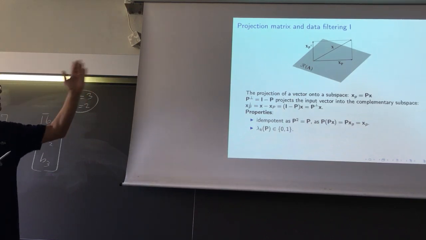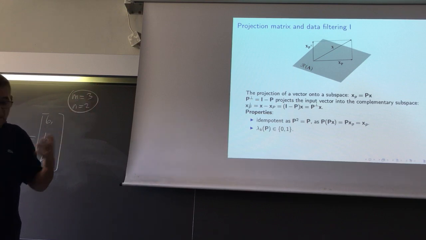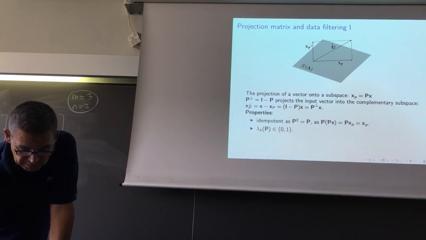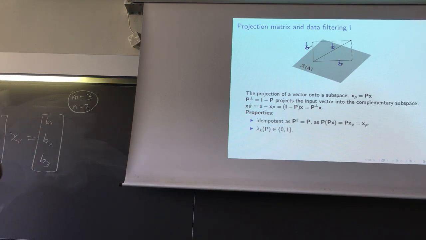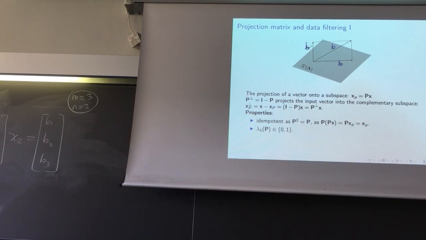So if I take whatever the variable x, we were calling b before, this is b projected. So if I project, I'm projecting onto the space. This is p. If I project 2 times, I project, and then I project again. Okay, the second time, I don't change it.